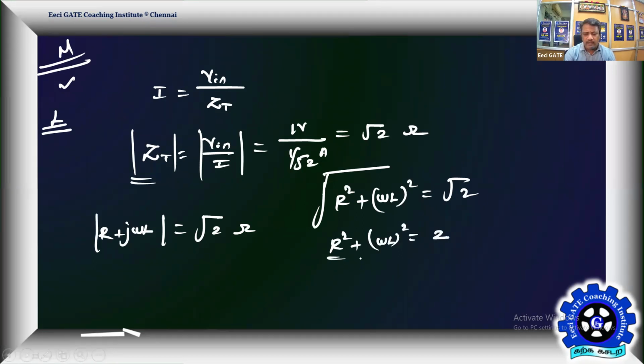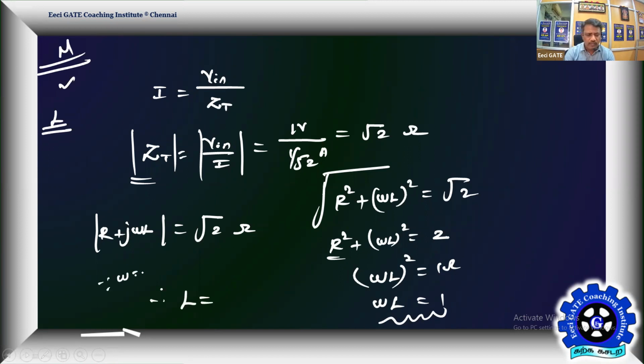Then R square is 1 square, so omega L square is going to be 1. Omega L is plus or minus 1, but it is not going to be negative. It is plus only, so omega L is equal to 1. Therefore, once again, since omega equals 1 radian per second, we conclude L is equal to 1 Henry.